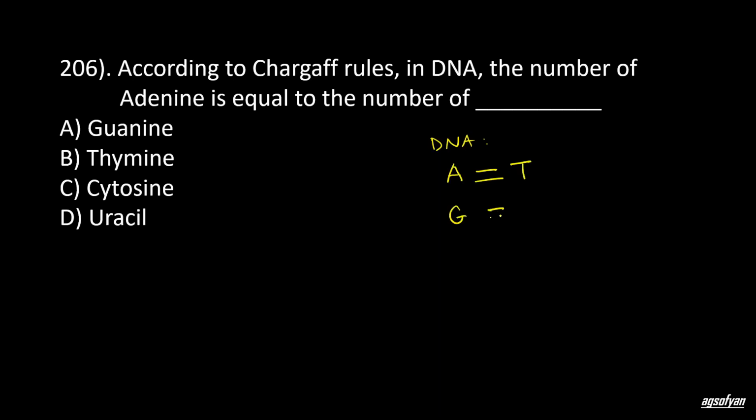Guanine will always equal, or be the same percentage as, cytosine. And the RNA is similar, but because RNA does not have thymine, you change thymine to uracil. Guanine will be with cytosine. Okay, so in the DNA, the number of adenine A will equal T, so thymine.